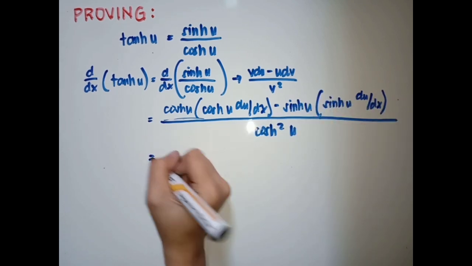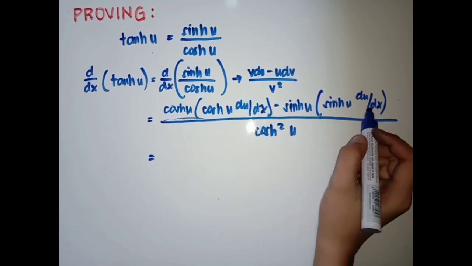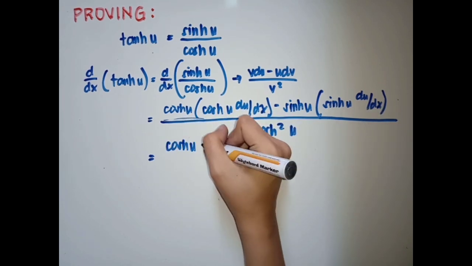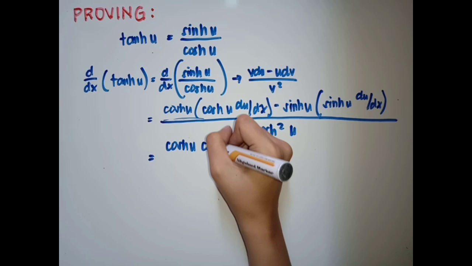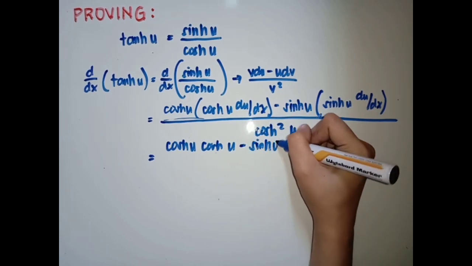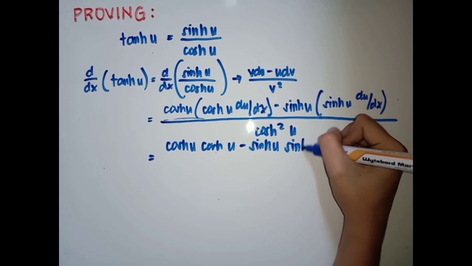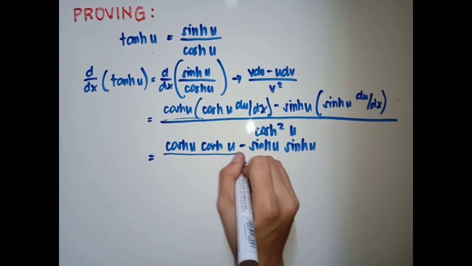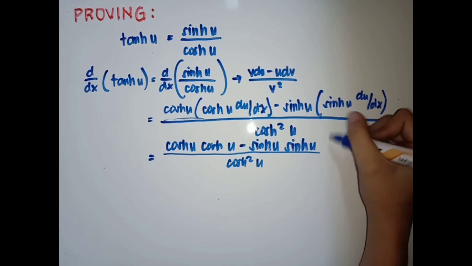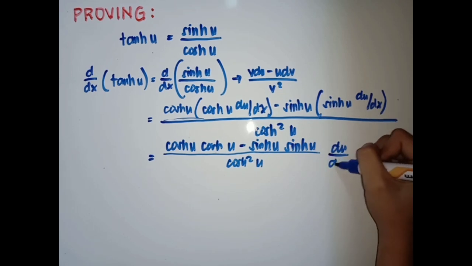So equals to, now ato lang i-factor out ang du over dx. So we have cosh u times cosh u minus sinh u times sinh u over hyperbolic cosine squared u du over dx.